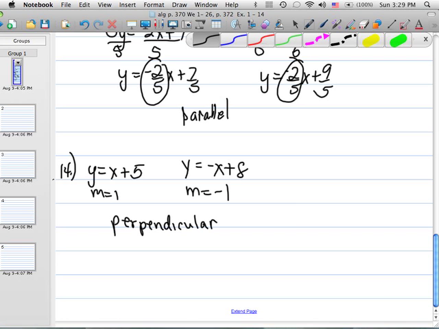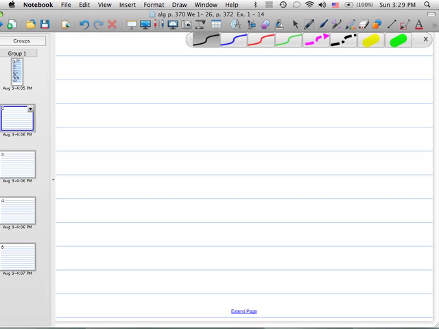Now turn to 372, and we're doing 1 through 26. Write an equation of the line in slope-intercept form for the line described. So number 2 says the slope is negative 3 and the intercept is 4. So we're going to use the standard form for slope-intercept.